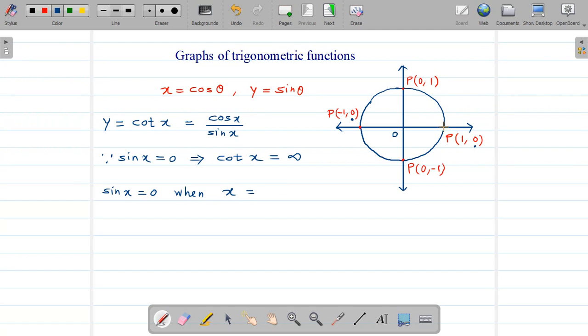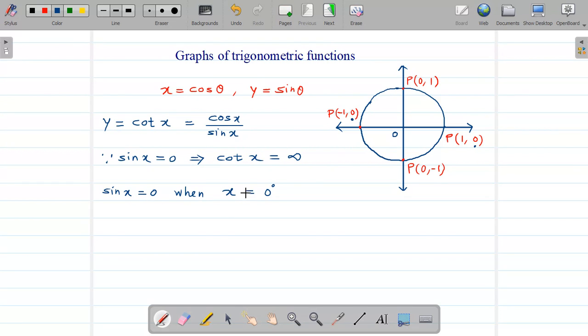If you have the point P here, then the angle will be 0, because we always measure the angle from the positive x-axis. The initial arm is always the positive x-axis, and if the angle is 0 degrees, then the position of the point P is here, and the y coordinate is 0, meaning the value of the sine ratio is 0.